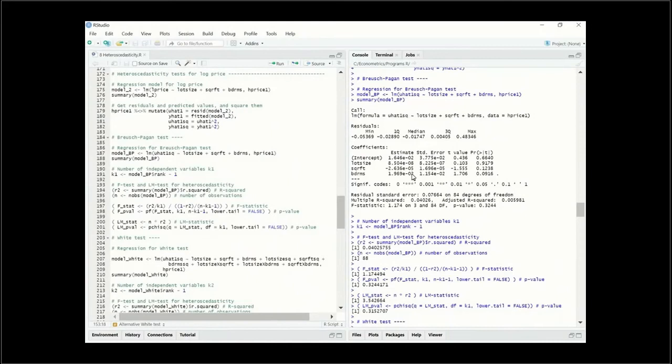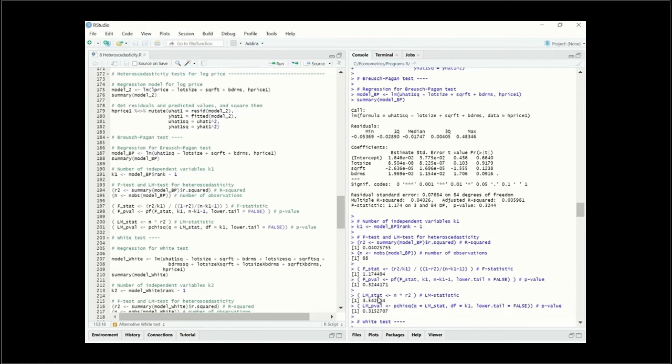So let's do now a joint test here for significance. So using an F test, again, picking up the R squared, the number of observations. This is what we are going to be getting here. So this is the F statistic, that's the p-value.